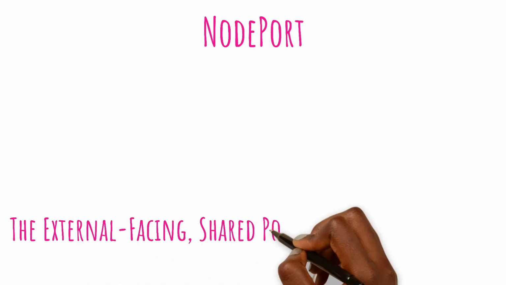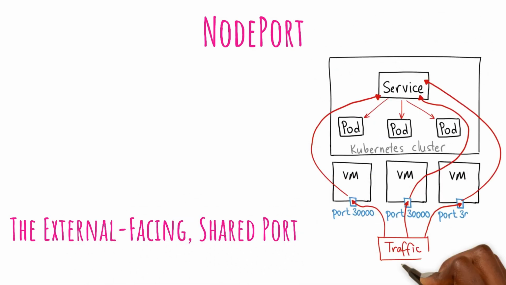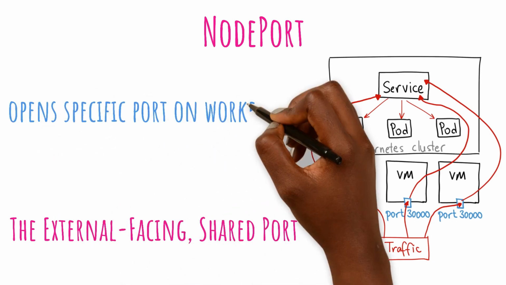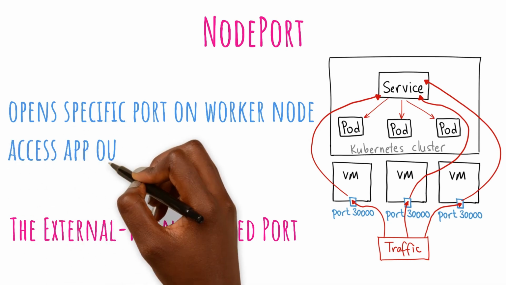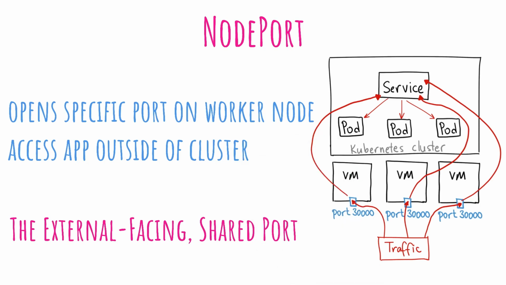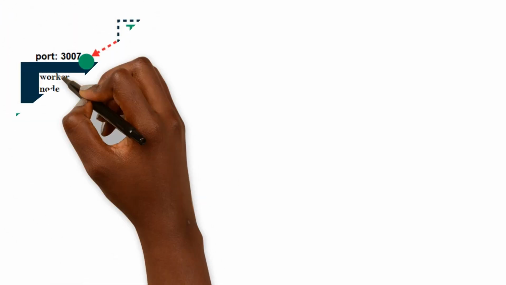NodePort is our external-facing shared port. This is the service type we'll use most often for our projects. A NodePort service opens a specific static port on every single worker node in your cluster. This allows you to access your application from outside the cluster by using the IP address of any of your worker nodes, plus the static NodePort number.